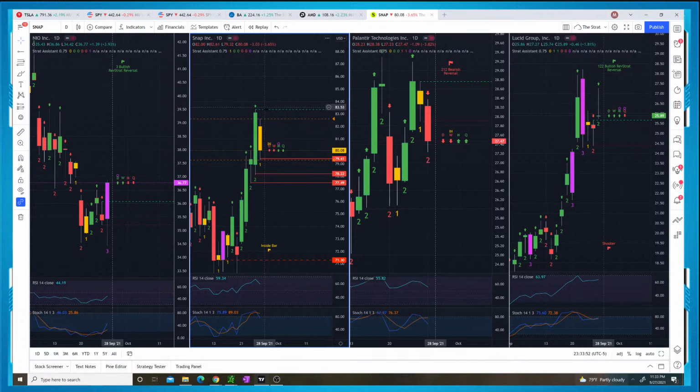We can wait for it to possibly bounce off this as support, but sometimes it won't. There's nothing wrong with that. It's just essentially your risk level is higher at that point because our target was right here. So if it's opening above our target, well, we don't know where our next target might be. It could come back and test support at this low. We don't know that, so we don't want to play that.